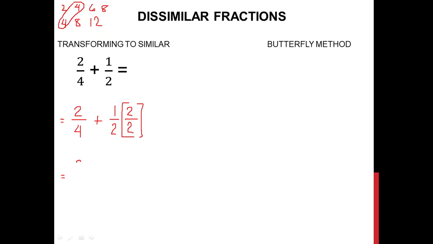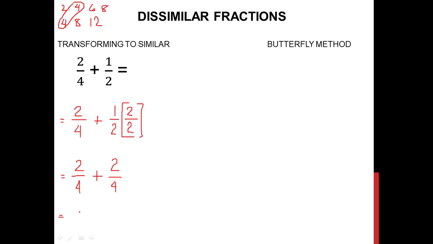So we have here now 2 over 4. When multiplying fractions, simply multiply numerator to numerator, denominator to denominator. So you have 1 times 2, 2, 2 times 2, 4. There, we have the same denominator now, so both fractions are similar.